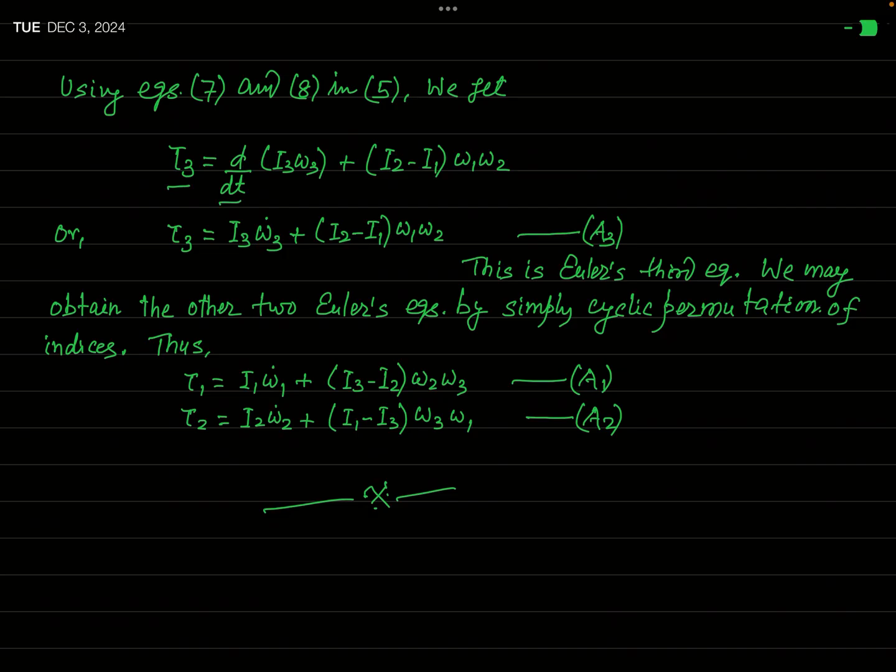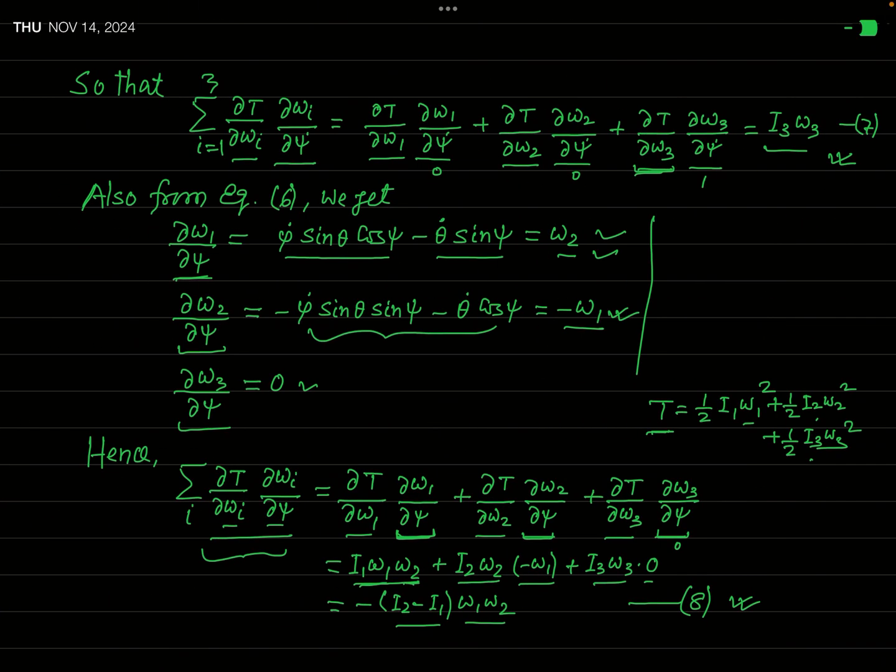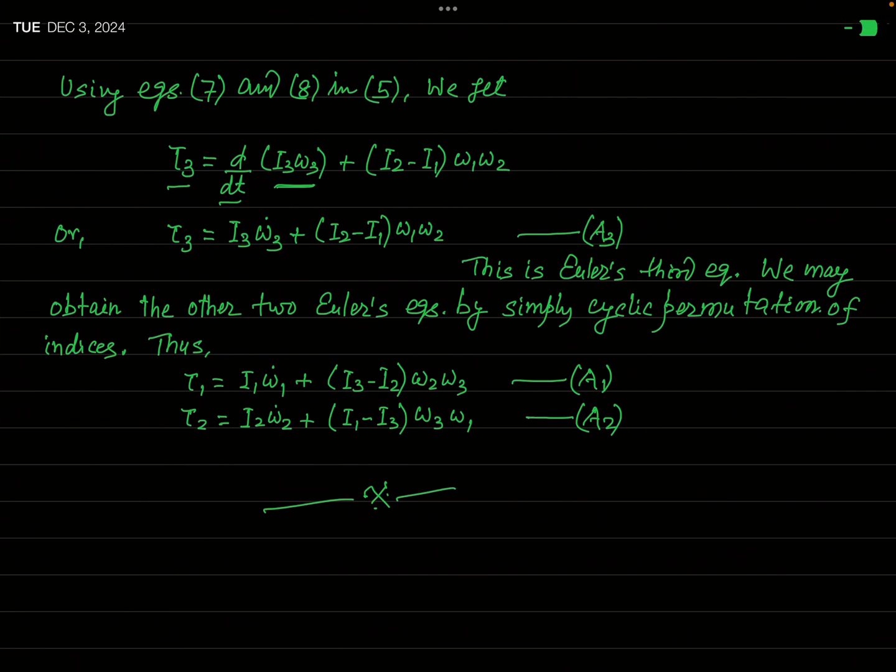D dt was present there, you have seen. I3 omega 3 for the expression inside the square bracket, you have seen this is equal to I3 omega 3, as you can see it here, okay. And at the place of the second term, we will write minus I2 minus I1 times omega 1 omega 2.